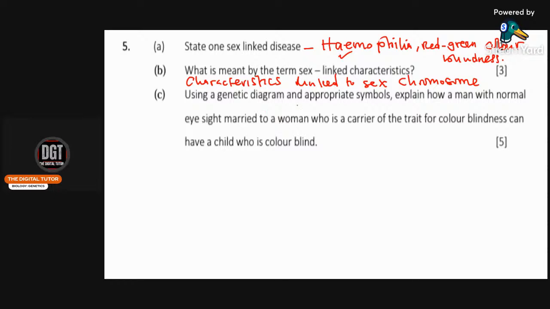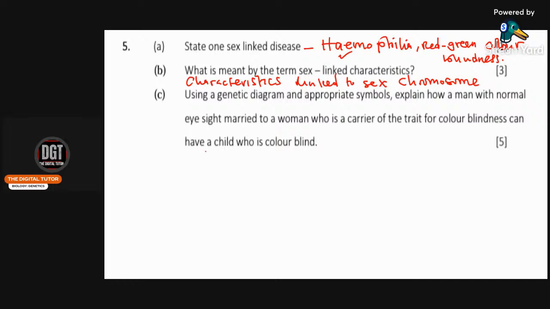Now, using the genetic diagram and appropriate symbols, explain how a man with normal eyesight. Now listen. These sex-linked characteristics normally sit on the X chromosome, and they are recessive. That is one thing you should note.